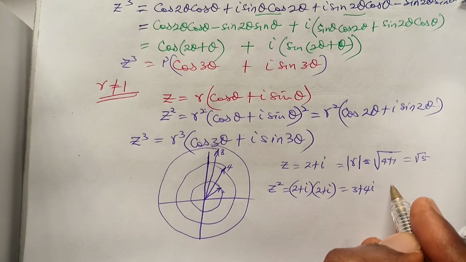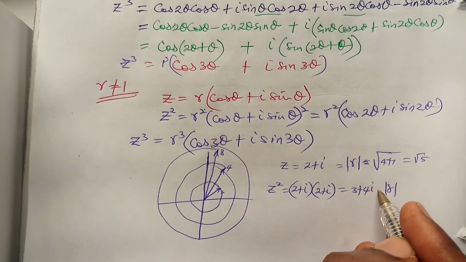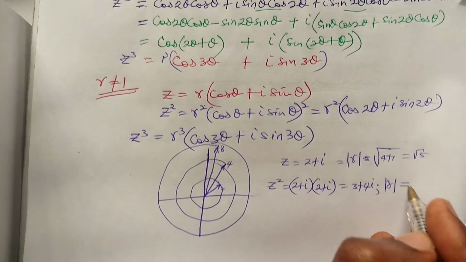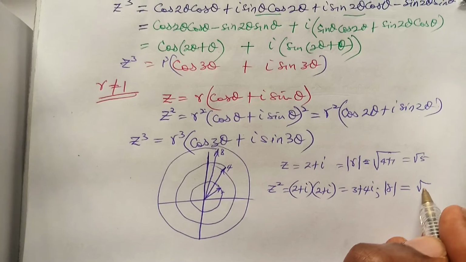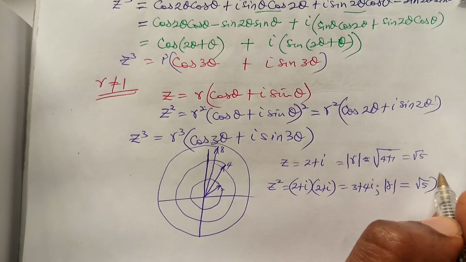The modulus in this case is the square root of 5 all squared, that's 5.